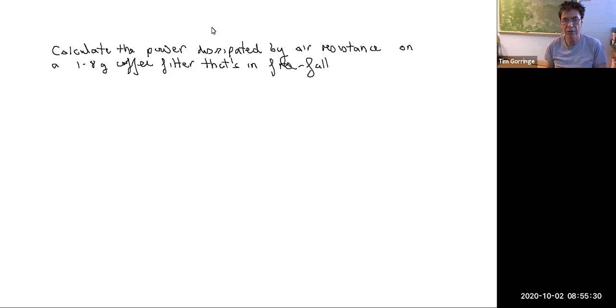Now, from the perspective of energy, the gravitational force is doing positive work on the coffee filter or the parachutist because the gravitational force is in the same direction as the motion.